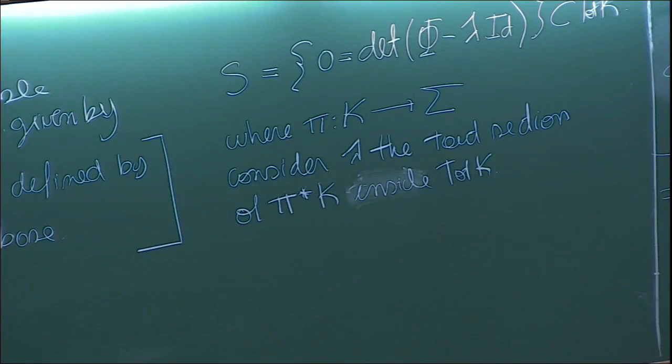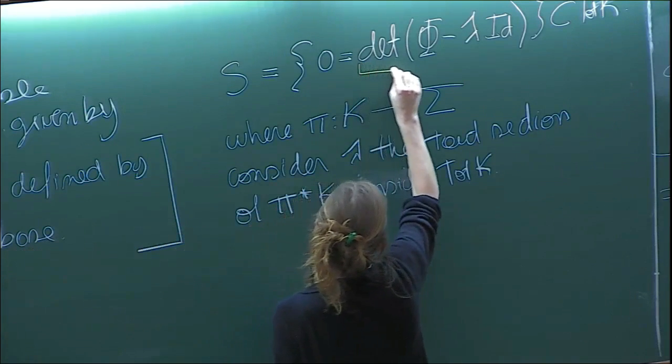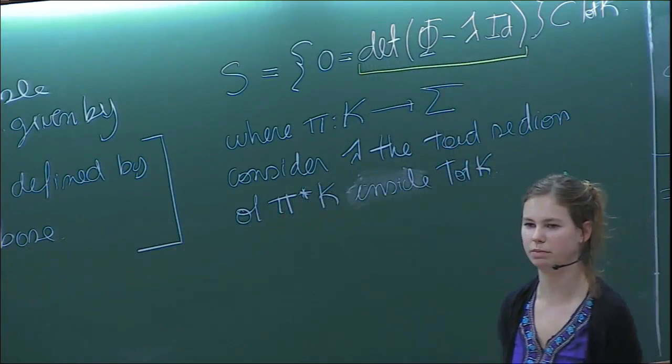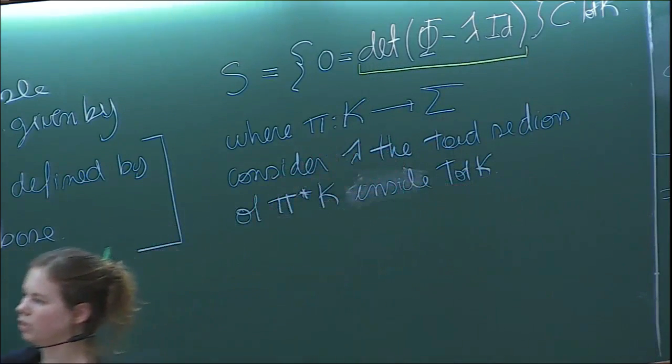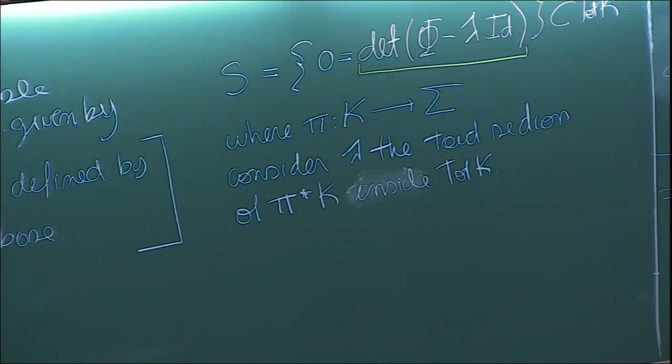So how does this relate back to what we said the Hitchin base was? I told you it was given by a point in the Hitchin base. The Hitchin base was the invariant polynomials applied to your Higgs field. So the relation is the following.